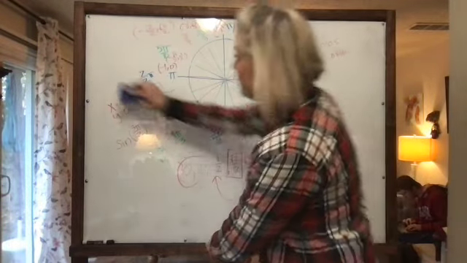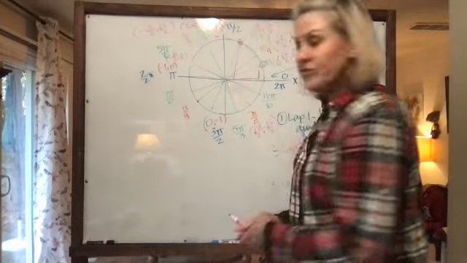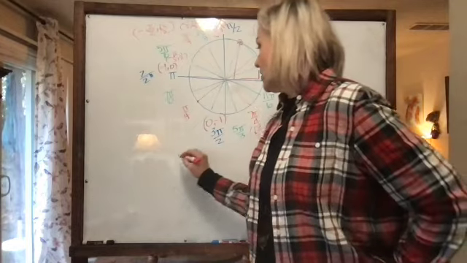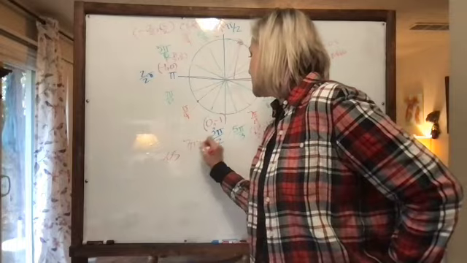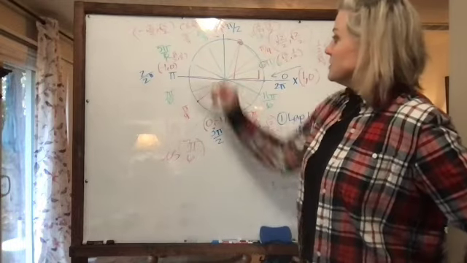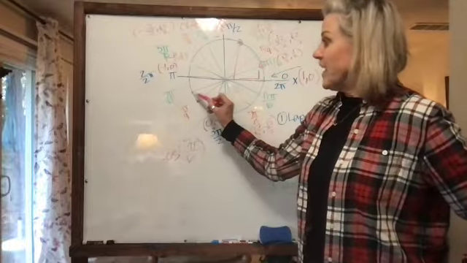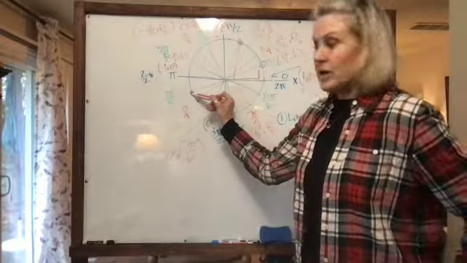So what that means is once you get your circle all filled out and someone says, okay, what's the cosine of 7 pi over 6? You slap down your unit circle, you find 7 pi over 6, you remember what its coordinates are.